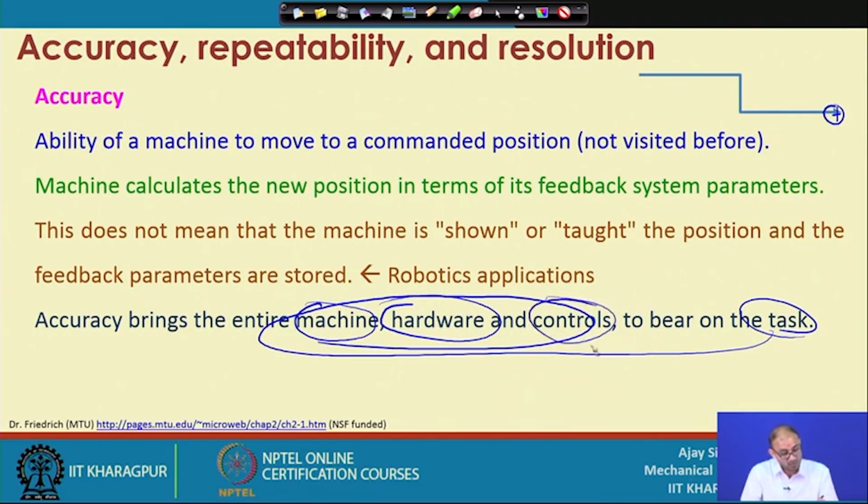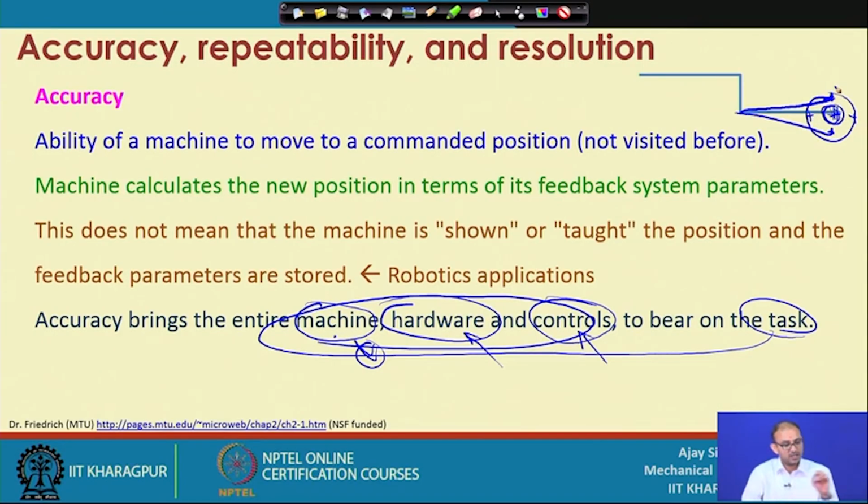Then the controller, that means what is rotating or moving these particular motors, such as variable frequency drives. All these things have to work, and if all are working at 100% of their capacity, there is a high chance that you will reach the target point. If even one of these is not working at 100% capacity, high chances are that you will end up at the wrong location, maybe here, here, here or here, in any direction.